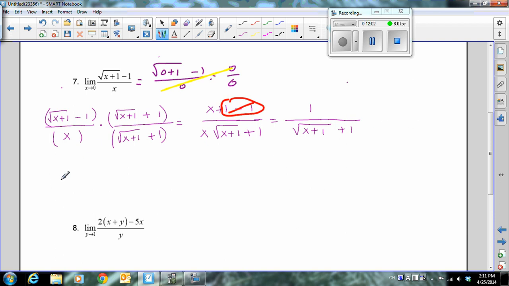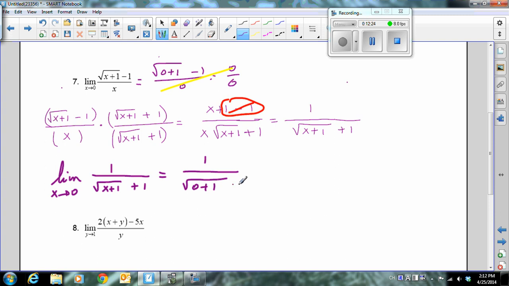I need to rewrite the limit. The limit as x approaches 0 of 1 over square root of x plus 1, plus 1 is actually equal to, now is the time to plug in. That's 1 over the square root of 0 plus 1, and a plus 1 on the outside, giving me 1/2.